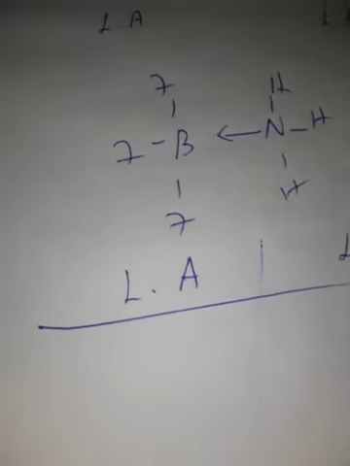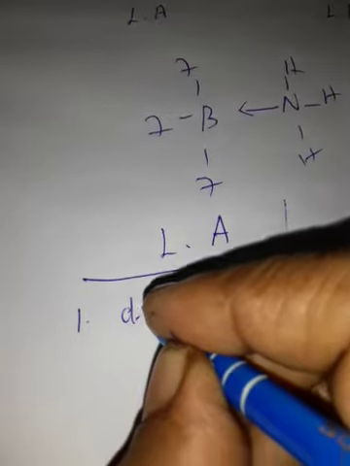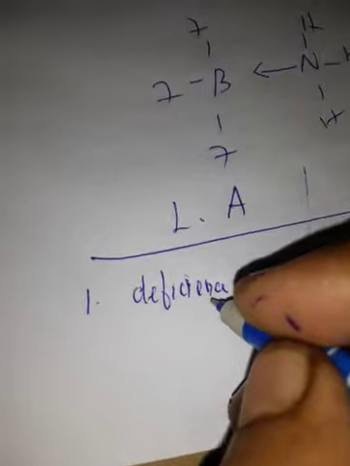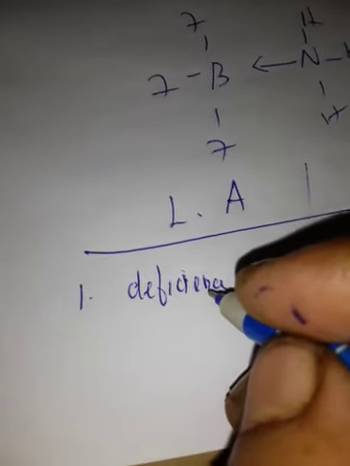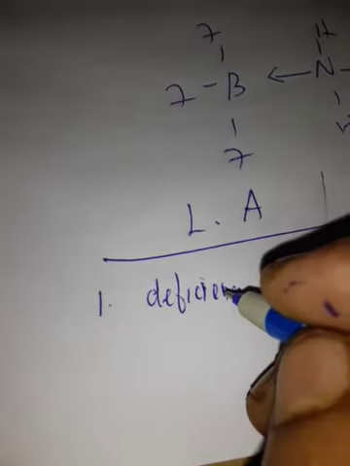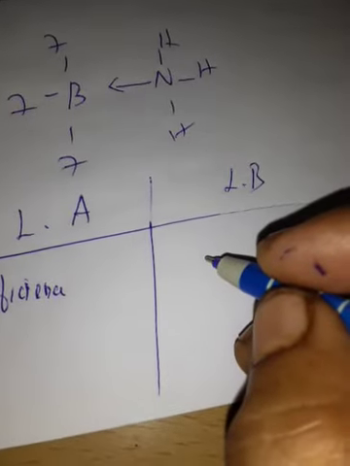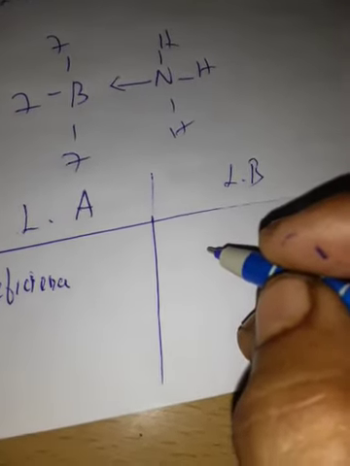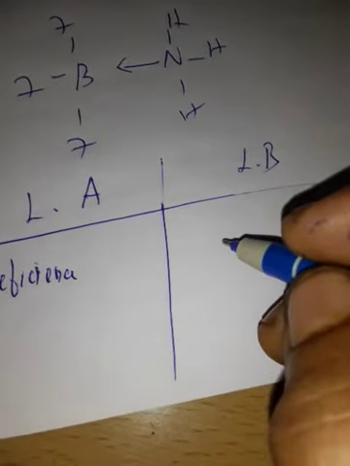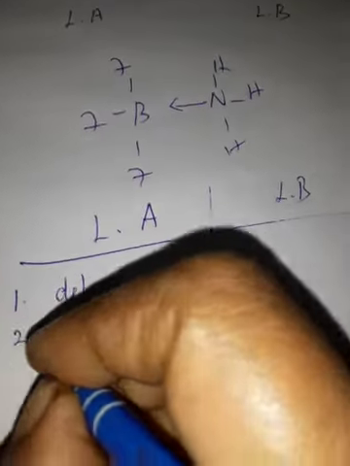Number 1: a Lewis acid is an electron deficient molecule having a vacant orbital. Best examples: BF3, AlCl3, aluminum trichloride, beryllium difluoride, BeF2. A Lewis base is a molecule with one or more lone pairs of electrons, for example ammonia, water, alcohol, ether, amine, etc.